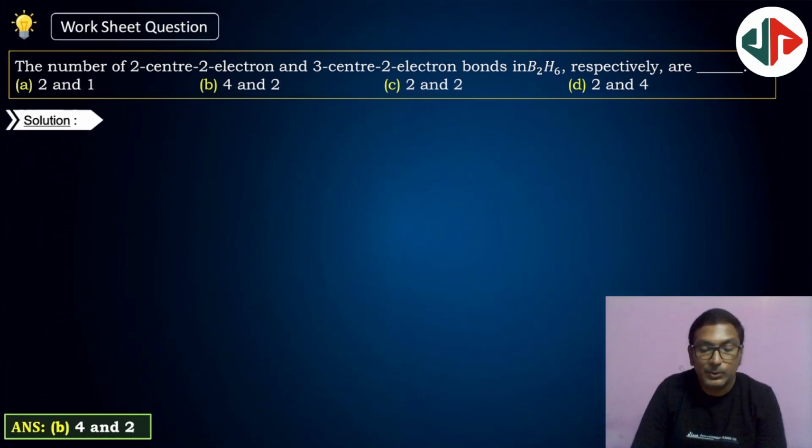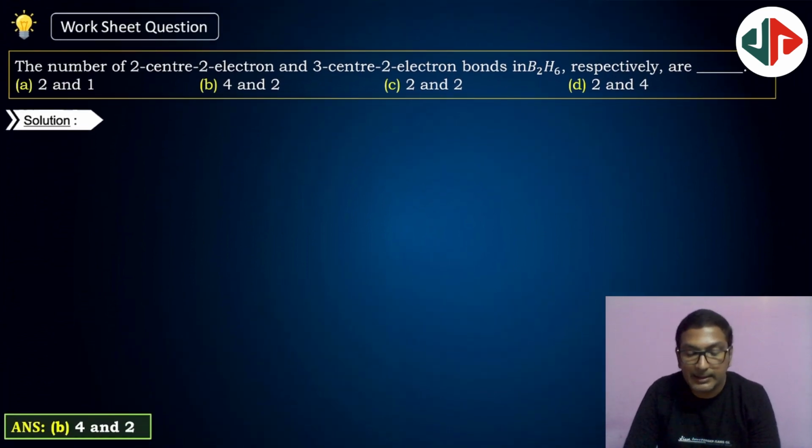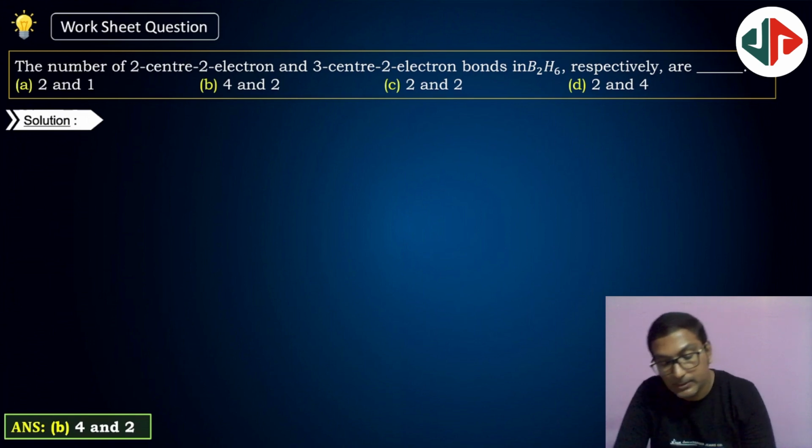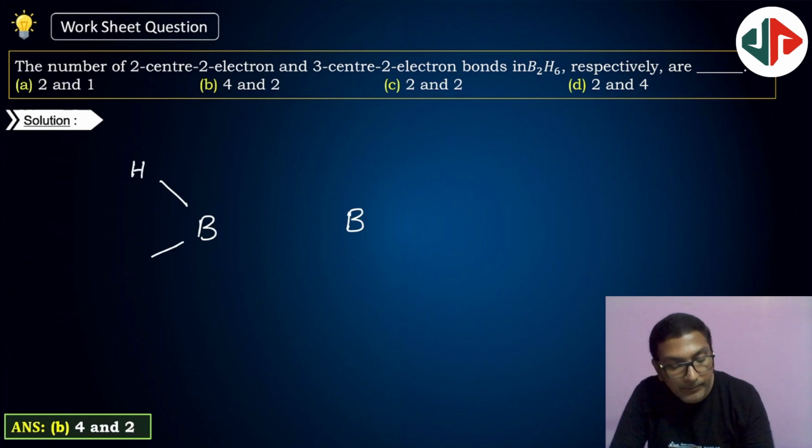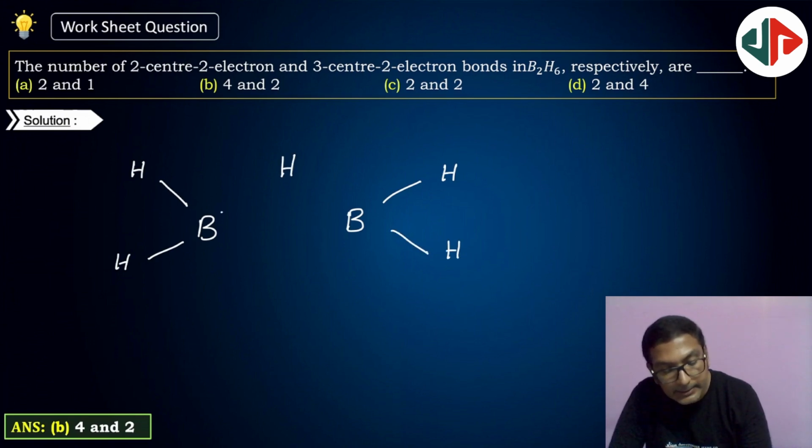The number of 2-centered 2-electron and 3-centered 2-electron bonds in B2H6. So based on structure we can say, similar question completed already. Write structure like this.